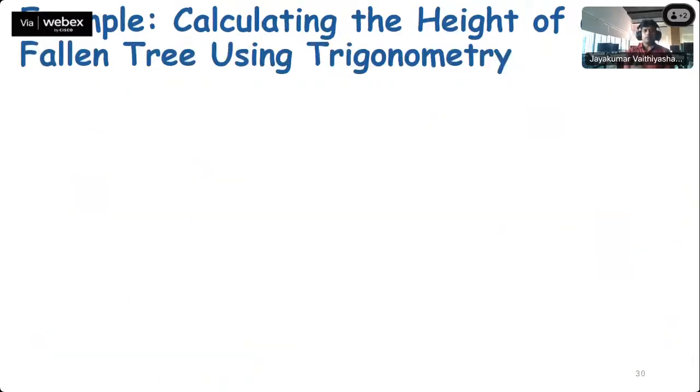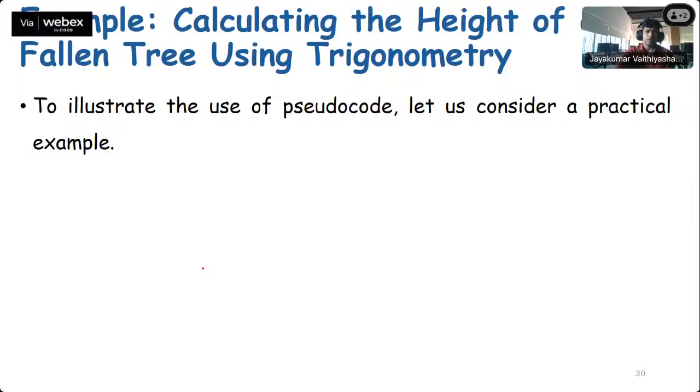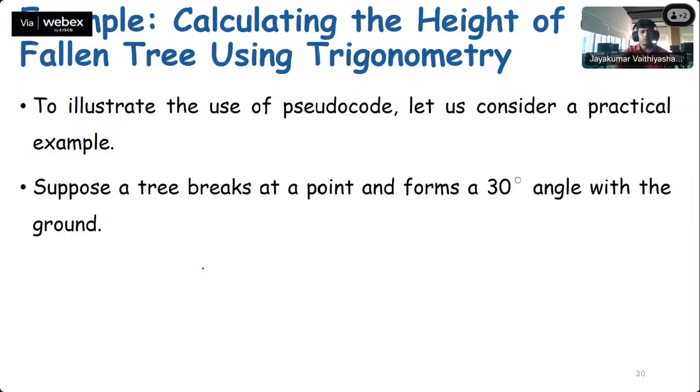For example, if you want to calculate the height of a fallen tree using trigonometry, you can do it using pseudocode. Take an example of a tree that breaks at a point and forms a 30-degree inclination angle to the ground. So this is your tree.